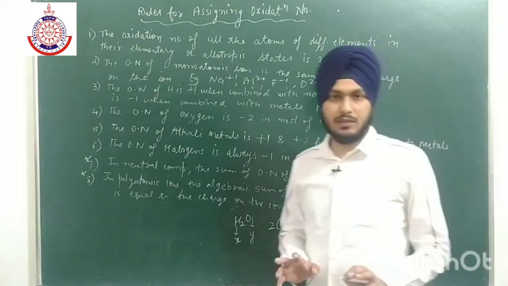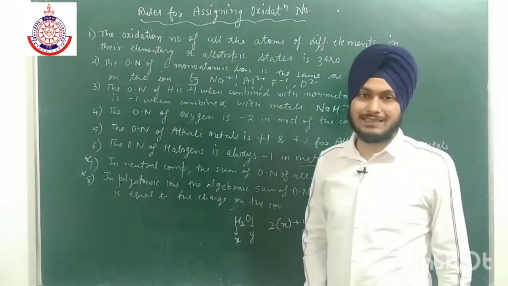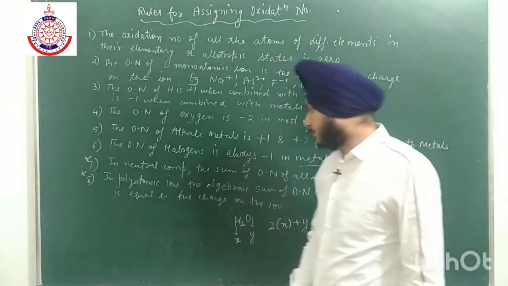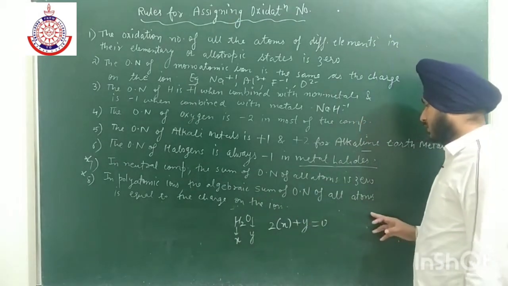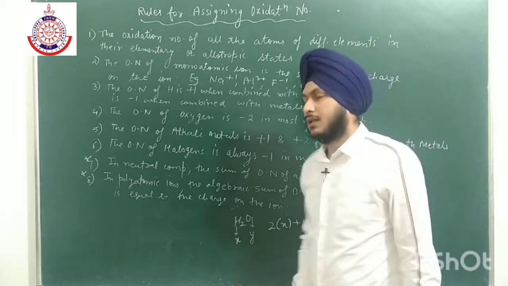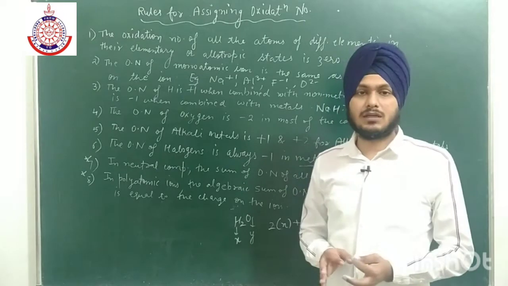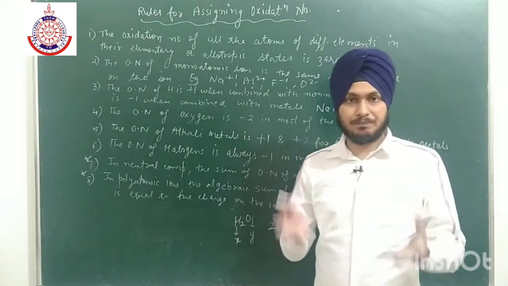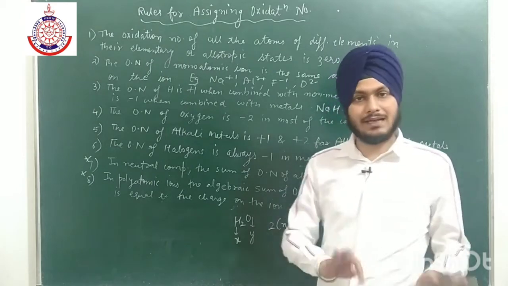The last rule says that in polyatomic ions, the algebraic sum of the oxidation numbers of all the atoms is equal to the charge on the ion. Now what does this mean? It means that if there is a charge on the complete compound or species, then the sum of the oxidation numbers of all the atoms is equal to that charge.